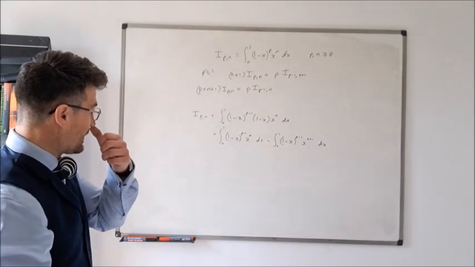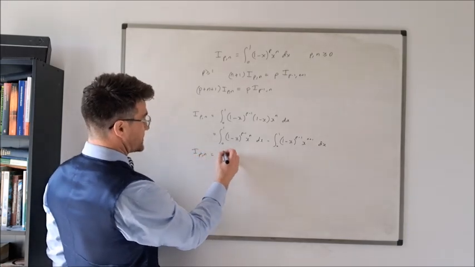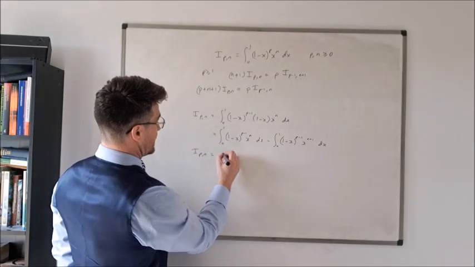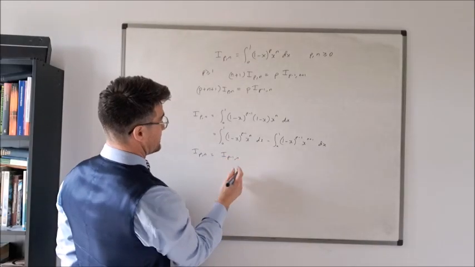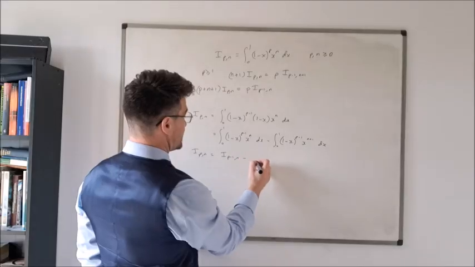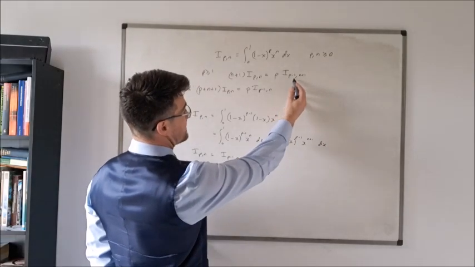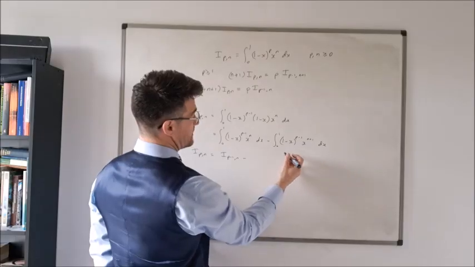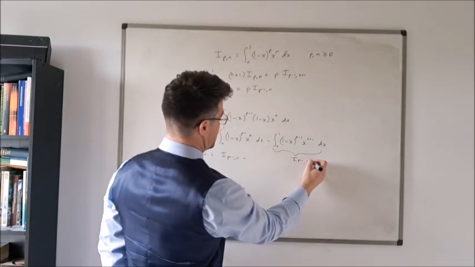Okay? Because then I've got I_pn is equal to I_p minus 1, n minus this here, which is I_p minus 1, n plus 1.